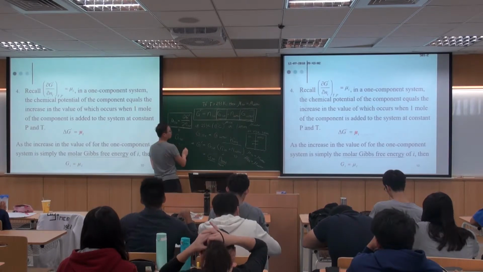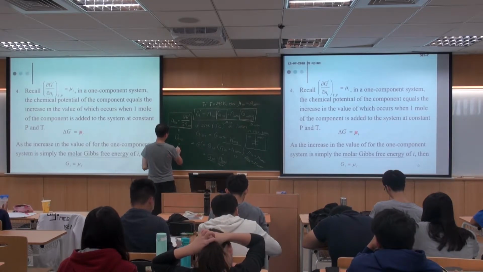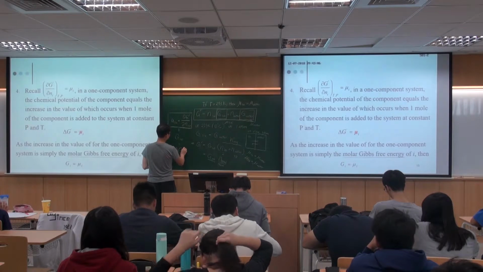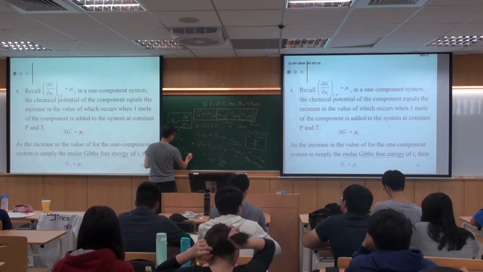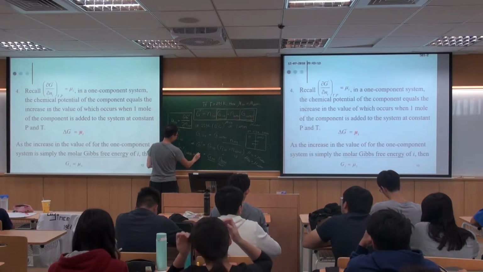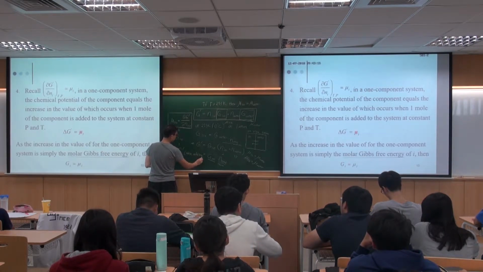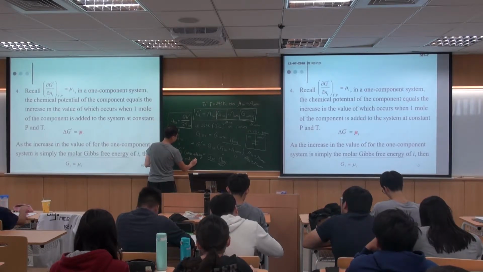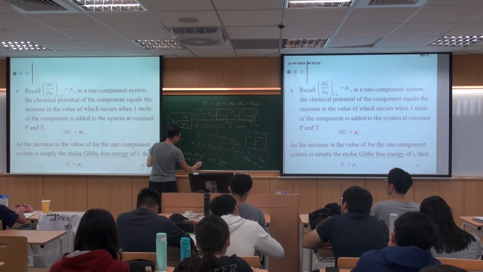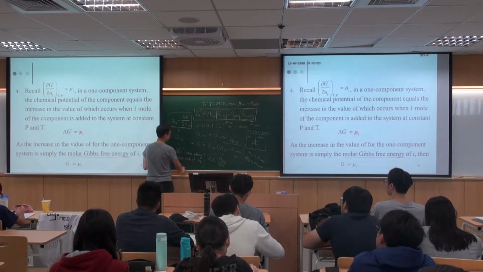Or you can say this is delta G prime when adding 1 mole of ice, right?